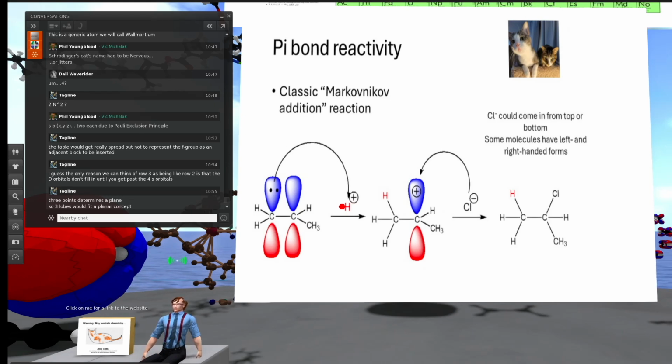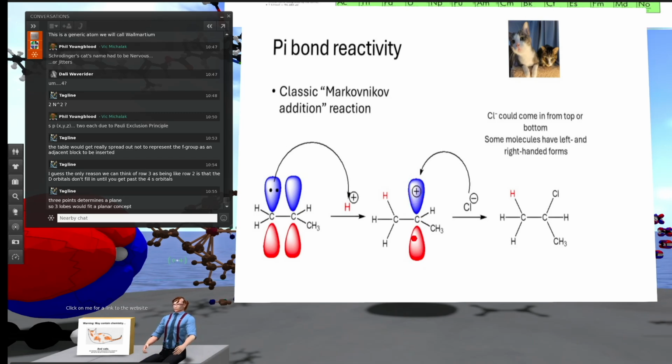H+ is acid, and I've represented that in red. Essentially, that H+ would end up glommed onto one of the carbons. There are rules as to which carbon it would go to. It would actually go to the carbon on the left, because this methyl group releases a little bit of electron density, and that would stabilize where this positive charge ends up.